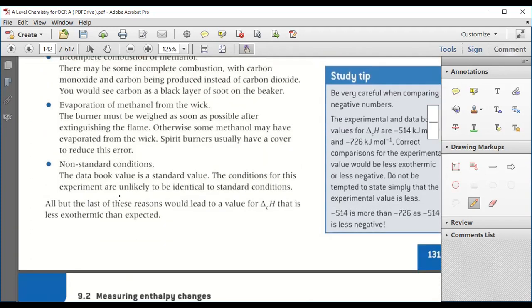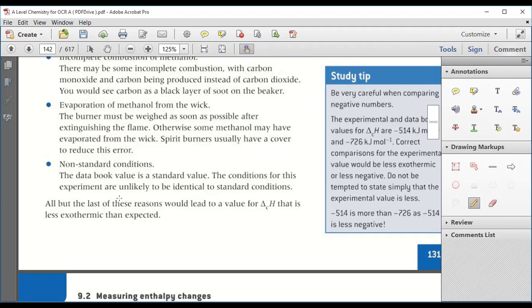The data book value is a standard value, and the conditions of the experiment are unlikely to be identical to standard conditions. All but the last of these reasons would lead to a value of delta H C that is less exothermic than expected.